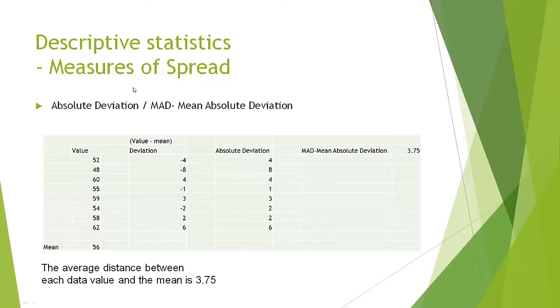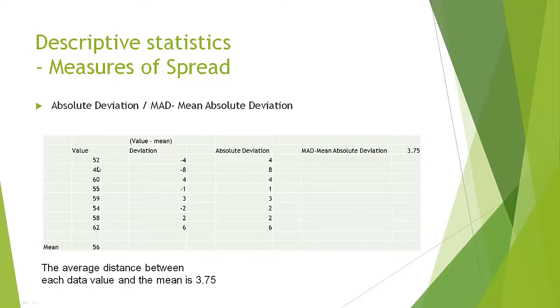Now here is an example of another measure of spread, absolute deviation, and mean absolute deviation. Both are measures of spread. How do you calculate them? These are the numbers listed here. The mean of this, we know how to calculate: just sum it up and divide by the number of entities, and you get 56.